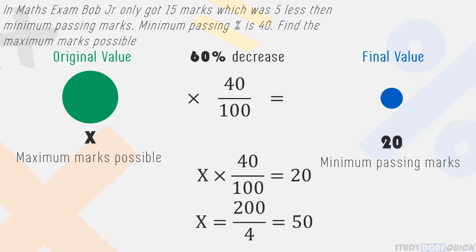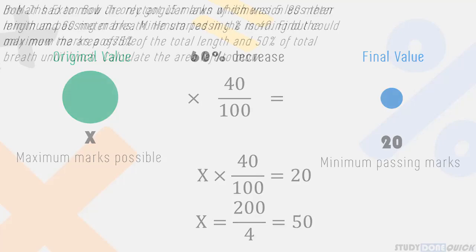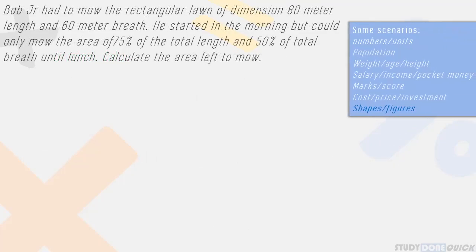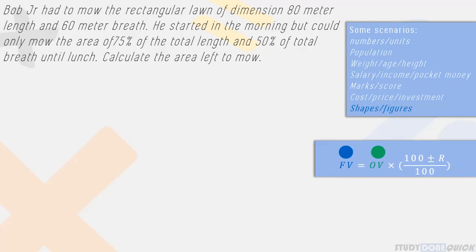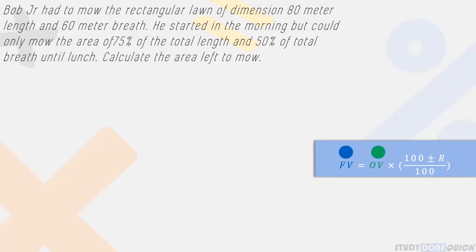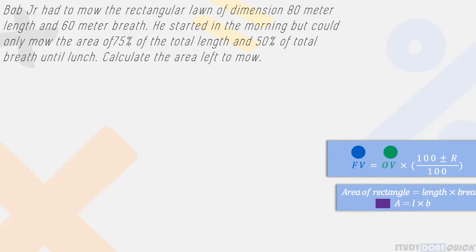Now, because Bob Jr. failed his exam, as punishment, his dad asked him to mow the whole lawn by himself, which is our next scenario. Now, in these types of questions, along with the percent operation, some other formulas are also needed to actually solve it. As in this case, we also need to know the formula of the area of a rectangle, which is length into breadth.